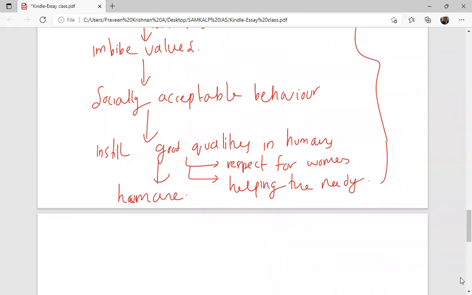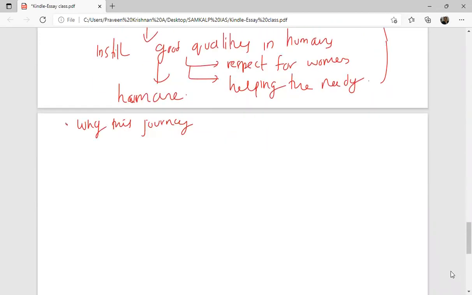Fine. After that, my job now is to expand what I earlier told you, why this journey is important. That I have to expand in multiple dimensions. So I have to find out different themes to write in this section.